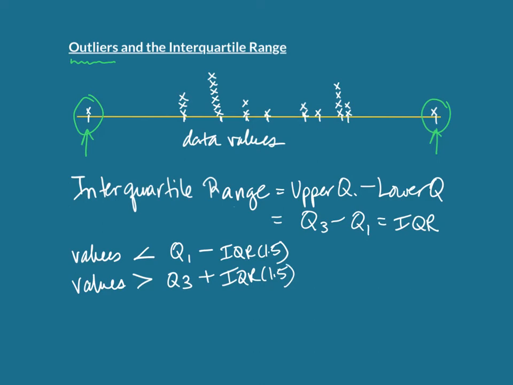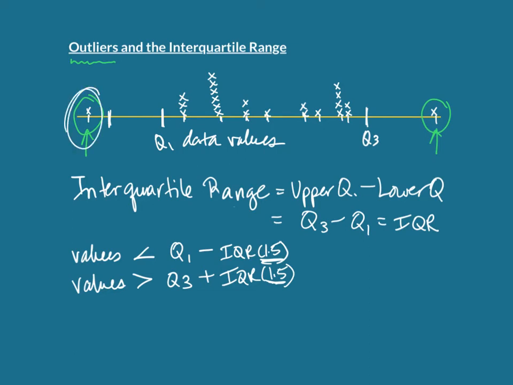So once we find the range of that middle 50% of the data, we're going to find 1.5 times that range. And then we're going to see, okay, if I take Q1, so let's assume Q1 is over here, and I subtract 1.5 times that range, if I get any values that are less than that, so let's say that that's where that cutoff is, then that would be an outlier.